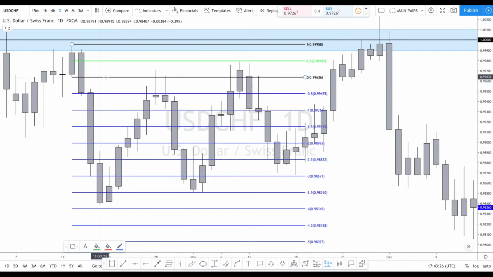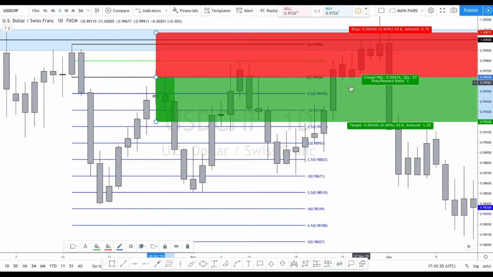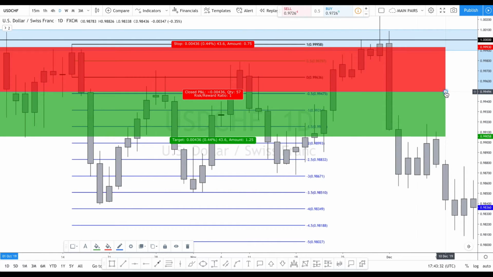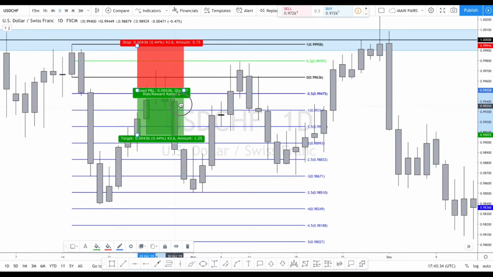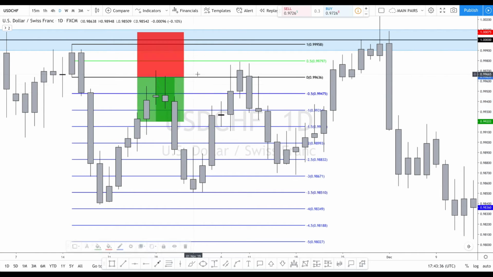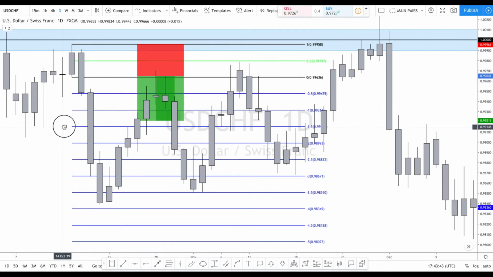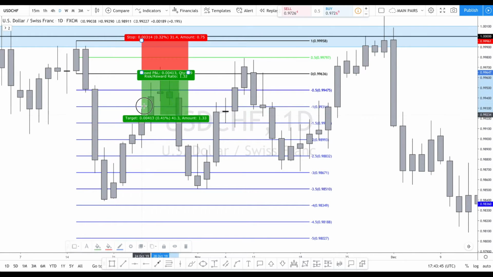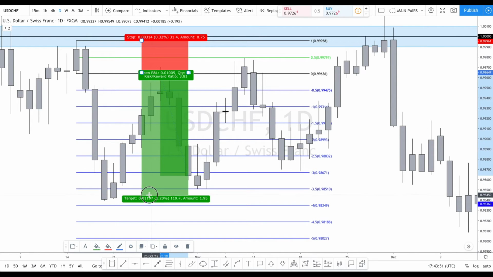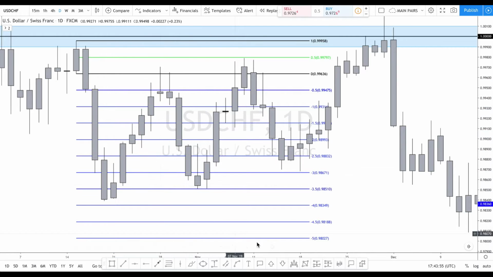If I enter at 0 right here, because price has touched my supply area, then my stop loss, just like my fib, will be at the top. You can see the levels 0.5, 1%, 2, 3, 4. We could have got around 3.5%, 3.6%.